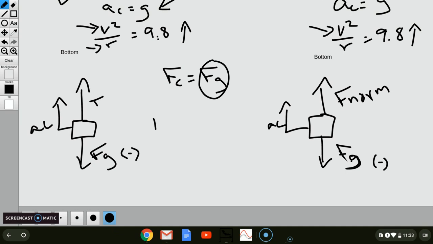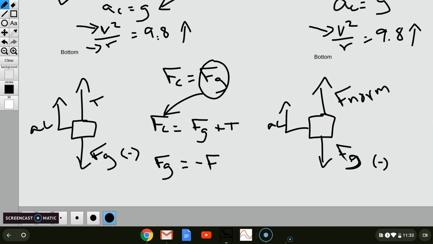But the centripetal force is also equal to the force of gravity plus the tension or the normal force. I'm just going to use tension because it's a little simpler to write. So we know that Fg is equal to the value of Fg, but now it's negative.